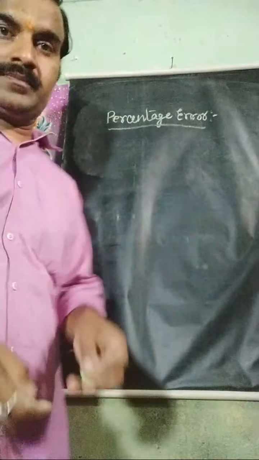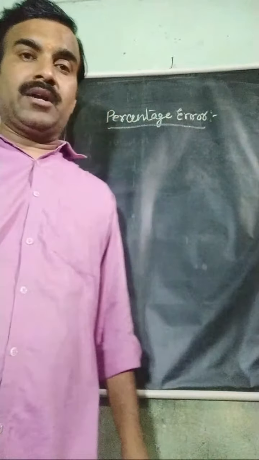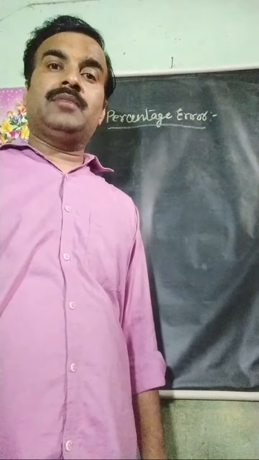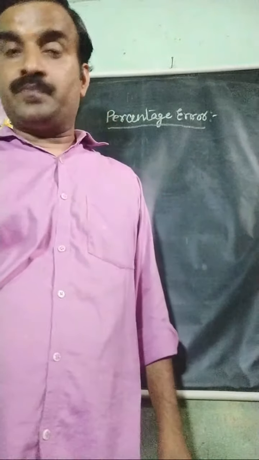Percentage error. Percentage error is that error in which we calculate the difference between the calculated value and the actual value of the object given. I'm just going to take an example.